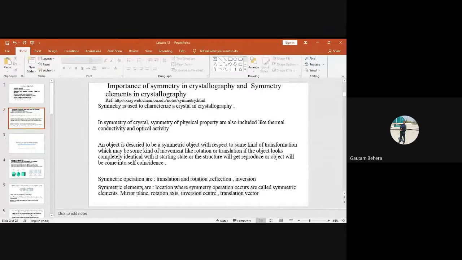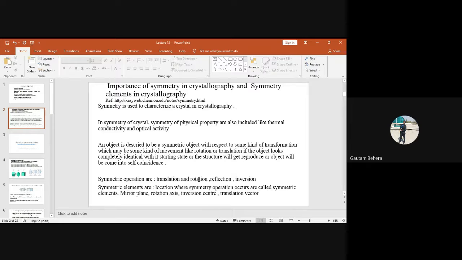So what are the elements? The symmetric elements are related to these four operations. If you want to do translation, you need a translational vector, right? That vector will translate in a particular direction. Similarly, if you want to do a rotation operation, then you must have an axis of rotation. It may be passing through the center of the body, or through the diagonal of the body, or somewhere else, through the edge of the object, right?